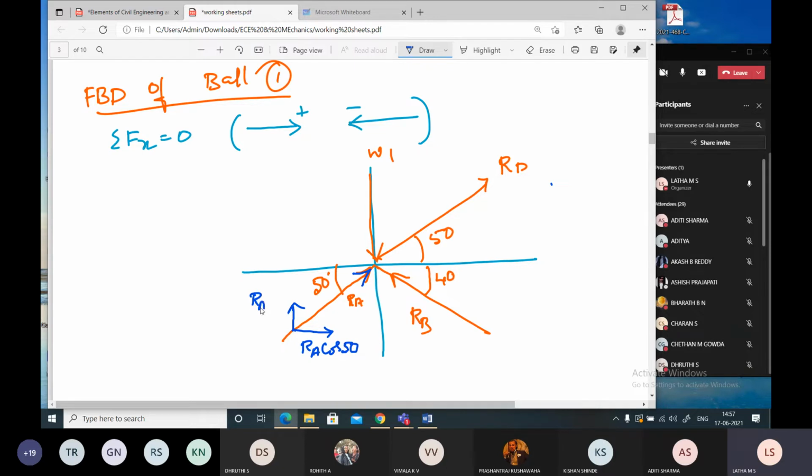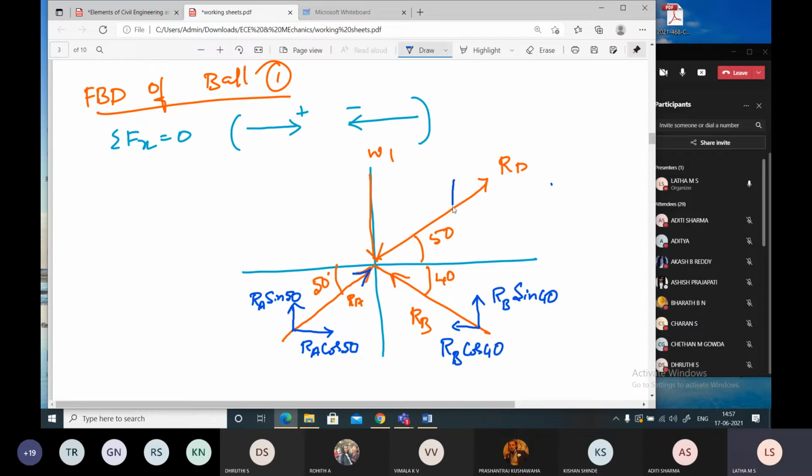Then RA sin 50. Correct? Then you draw one more resolution of RB. This is RB sin 40. This is RB cos 40.